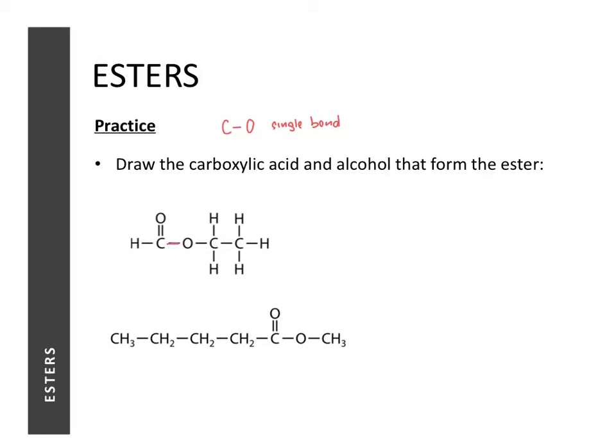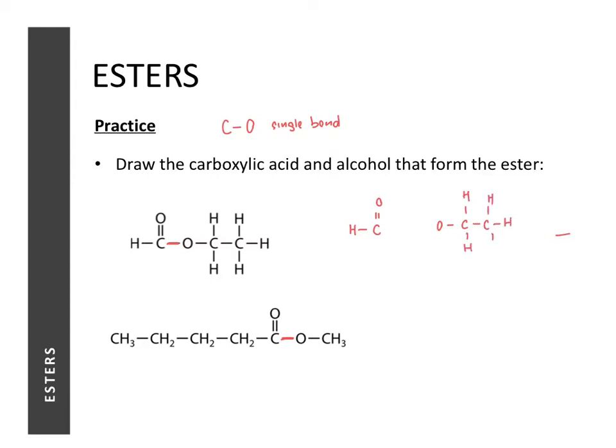This is the CO single bond, and this is the CO single bond, and this is the CO single bond. After locating the CO single bond, break that bond and separate the two parts. So after breaking the CO single bond, I will get something like this.